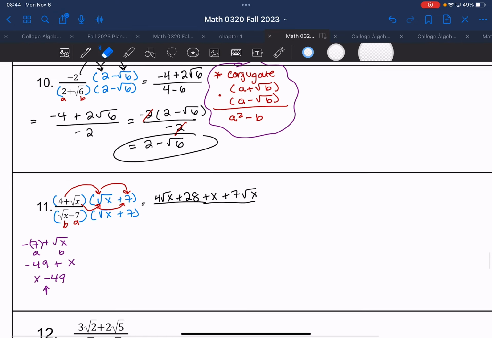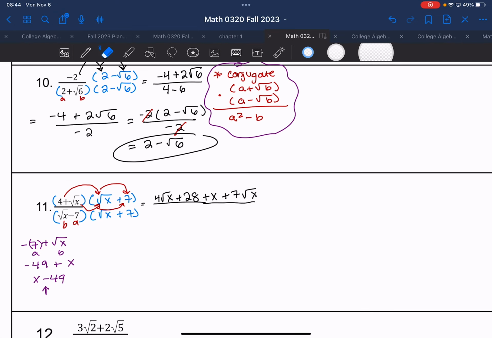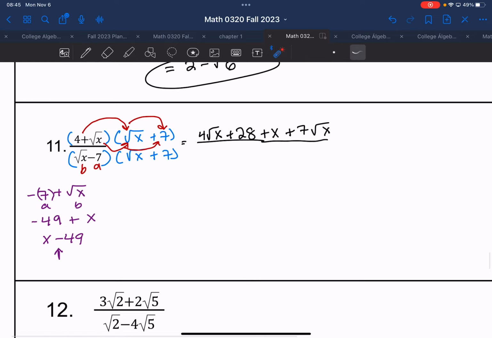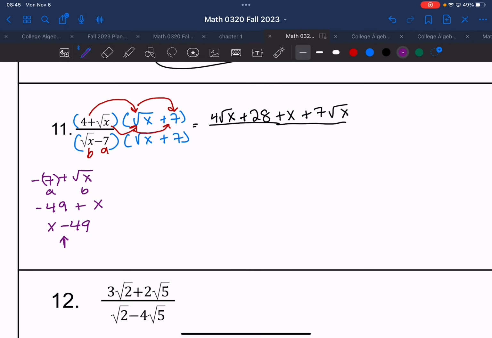Honestly, this concept of the conjugate, you just remember that this is the opposite sign. No one really remembers that this is the formula, because why remember an additional formula if we could just FOIL? But I just wanted to introduce it to you. So on number 12, we will, from then on, just FOIL everything once we write the conjugate.